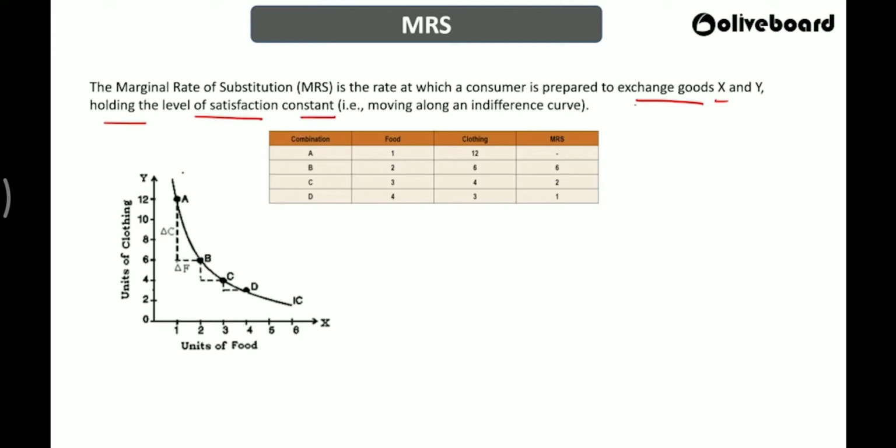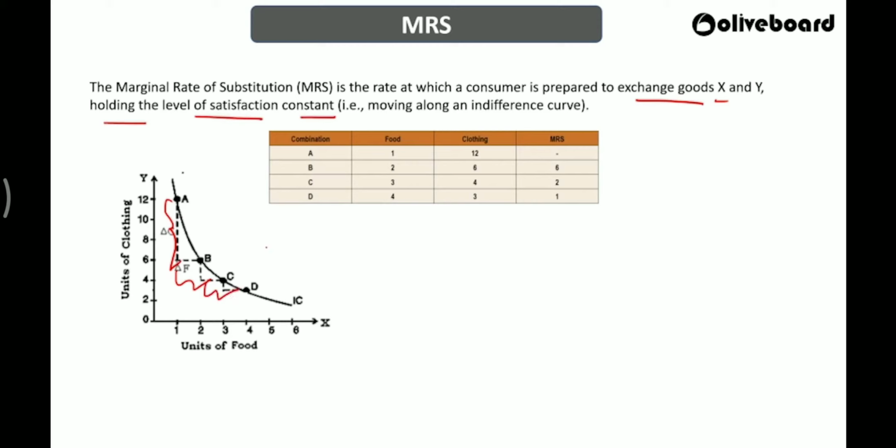All right, so that is called marginal rate of substitution. You are prepared to exchange goods X and Y. Now the same example again, I've given an MRS here. Earlier I gave away 6 units, then I give away only 2, and then I'll give away only 1. First I'm ready to give away 6.